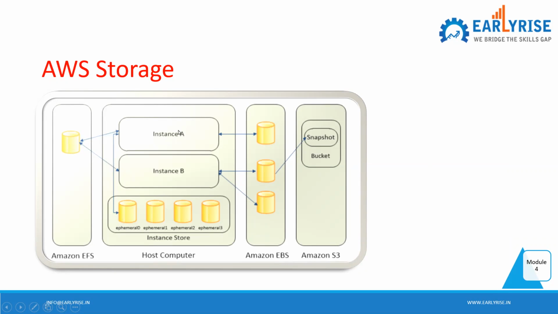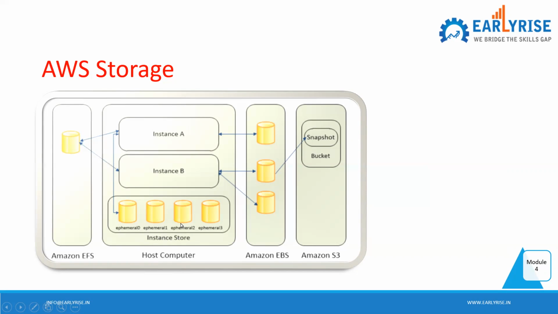As and when your instance is shut down, there is no connection between the host computer and the instance. They are associated only while the instance is running on that host computer. As soon as it is shut down, there is no relation. Next time the instance might launch somewhere else.